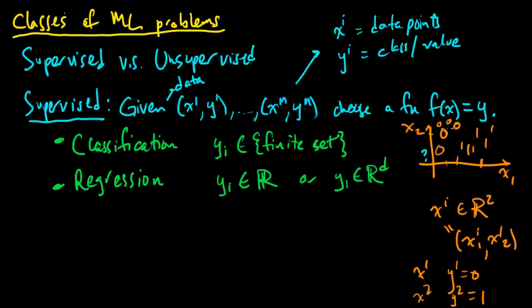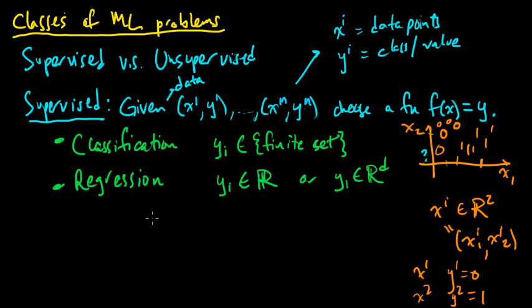Are you going to classify that as a 0 or as a 1? You might say, well, it's closer to the zeros. All kinds of things you might do. Maybe you draw a line and say it falls on the 0 side of the line. But then if there was a 1 over here, what would you do? So that's a classification problem.